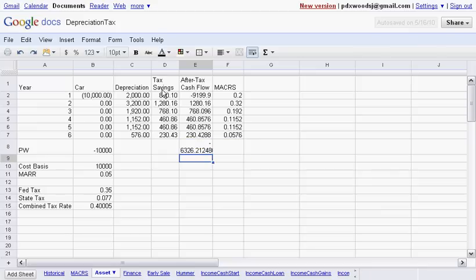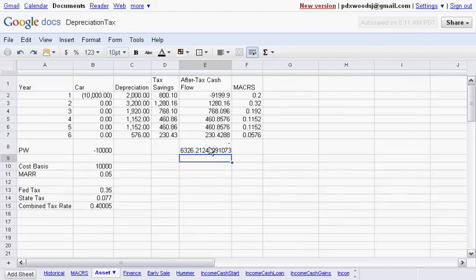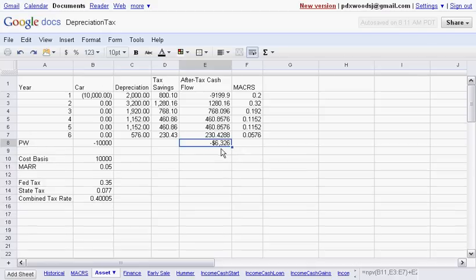The net present value in a business context is something which is a little closer to positive infinity. Stretching this out a little bit, there we go. What you're seeing is that these folks, because you're in a business context, have a present value of that cash flow of only negative $6,326 as opposed to the $10,000 that you have on a personal finance basis.